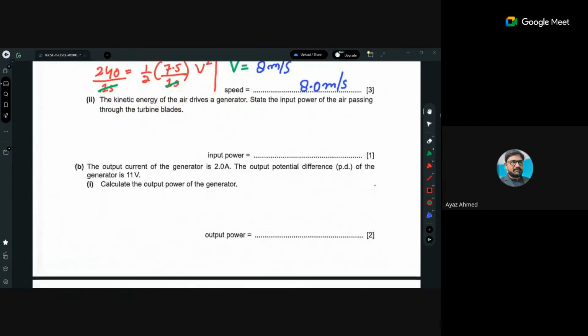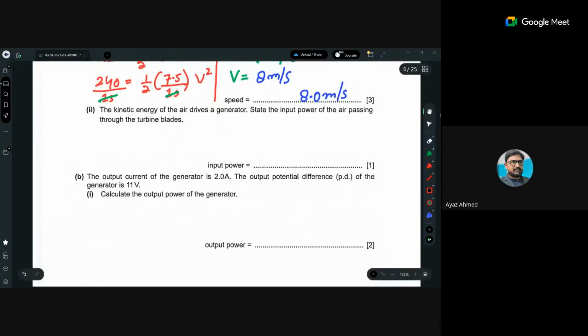Okay, now the next part is a 1 or 2 marks question, a simple one. The kinetic energy of the air drives the generator. State the input power of the air passing through the turbine. So this is now a technical matter. That input power is basically the wind's kinetic energy.